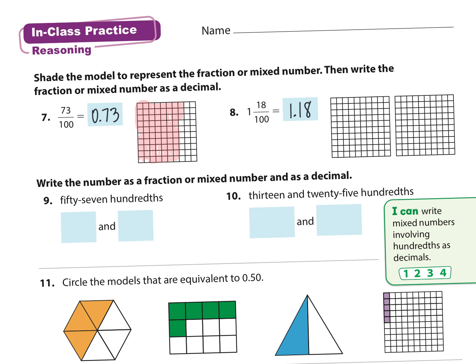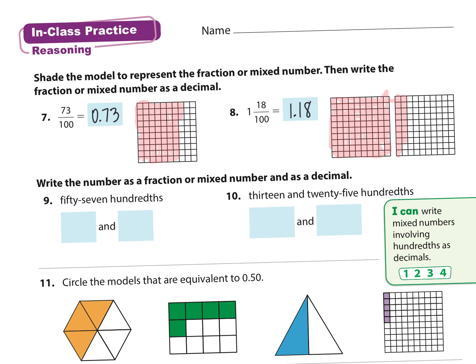Okay, on this one, I should have an entire square filled in to represent the 1 whole. So 1 whole square. And then how much of my second square? 18. So a 10 plus 8. So it should look something like this.